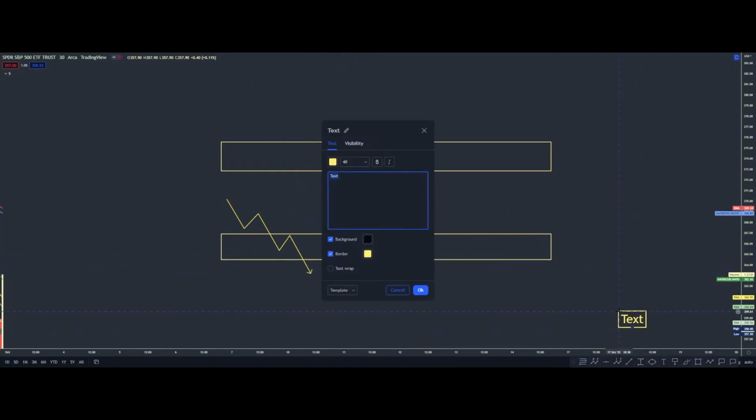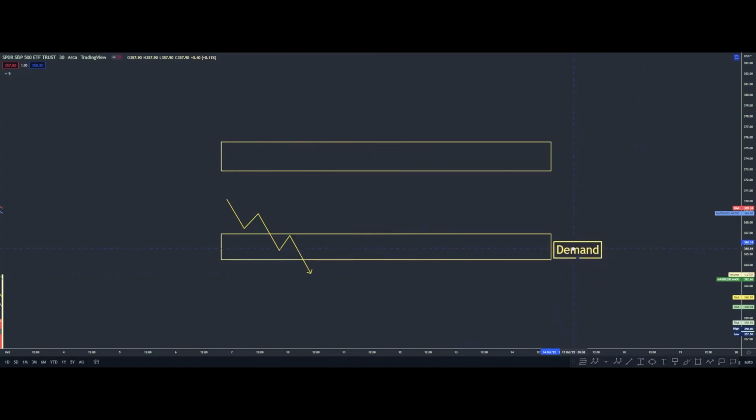So let's go ahead and label this demand. So once this is broken, guys, you cannot confirm that the zone has flipped until you really get a retest and a rejection.